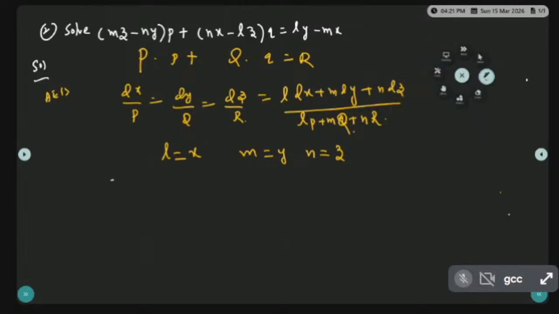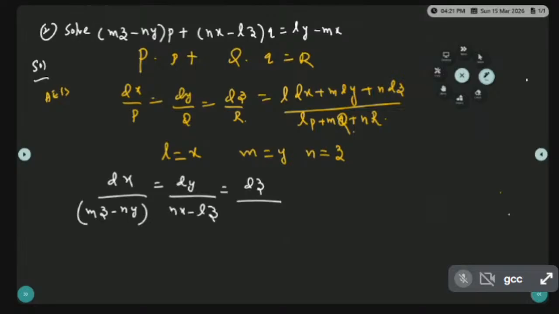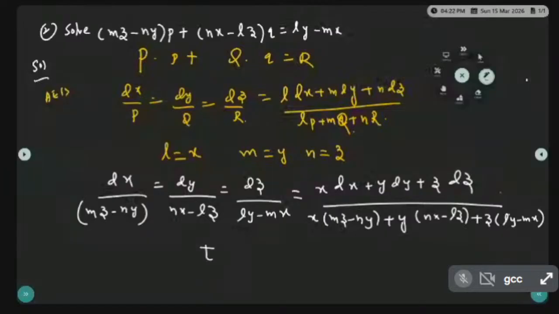Now I will explain. dx by P, what is P? mz minus ny. dy by Q, dz by ly minus mx, equal to l dx. l means x. x dx plus y dy plus z dz by x into mz minus ny, y into nx minus lz, plus z into ly minus mx, each fraction equal to.